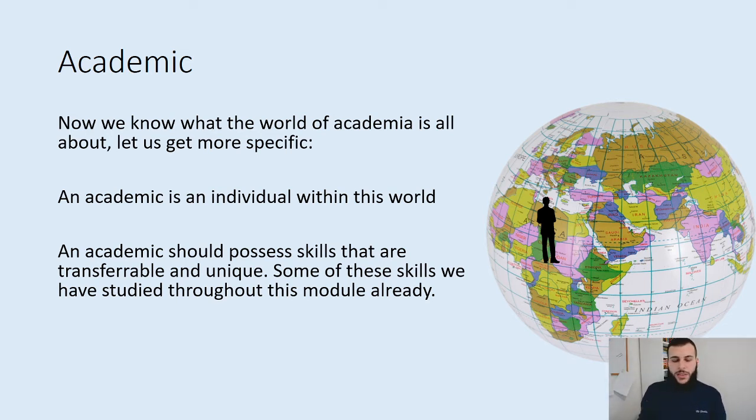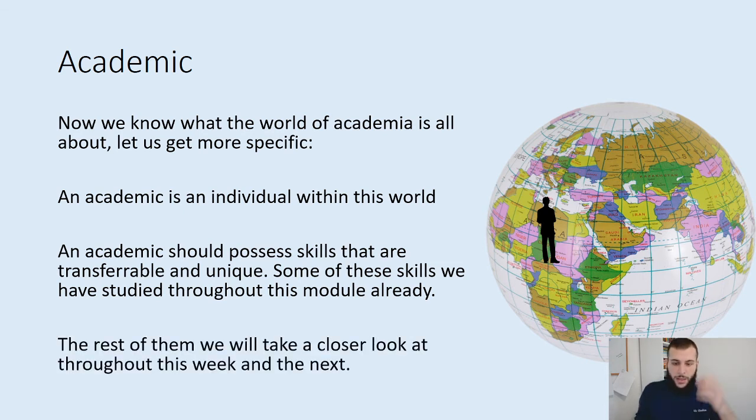If you're into business, if you're into art, whatever you're into, these skills are going to be transferable and unique. So you're not only learning something that you can just apply to one thing so you can go and get a degree. No, these principles really are transferable to anything.